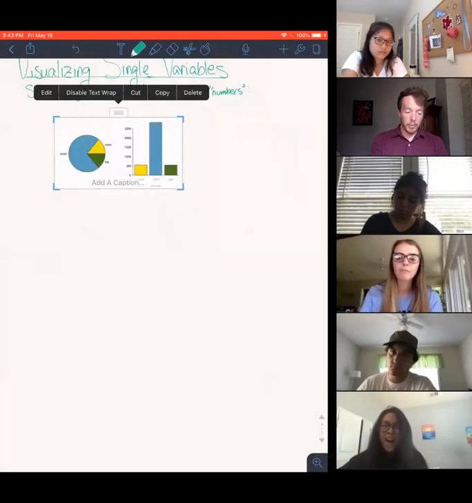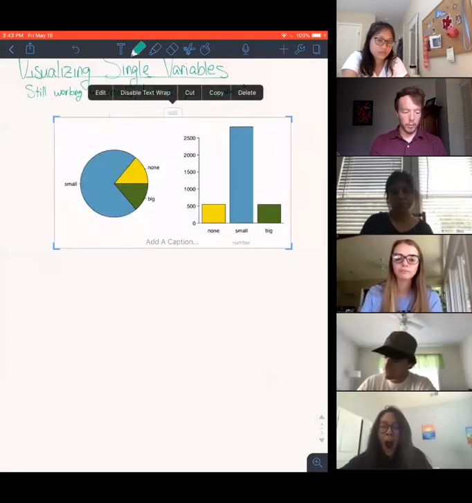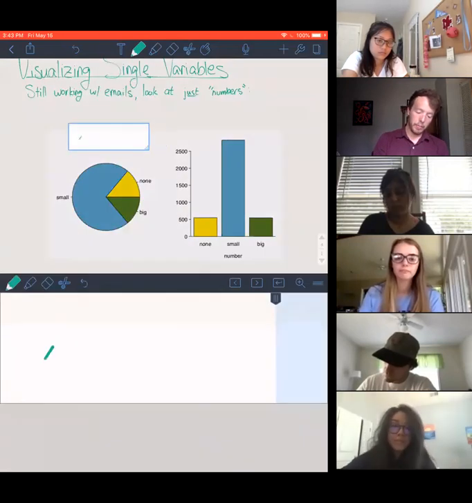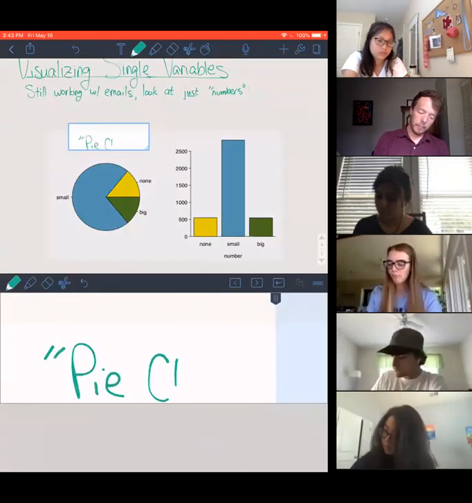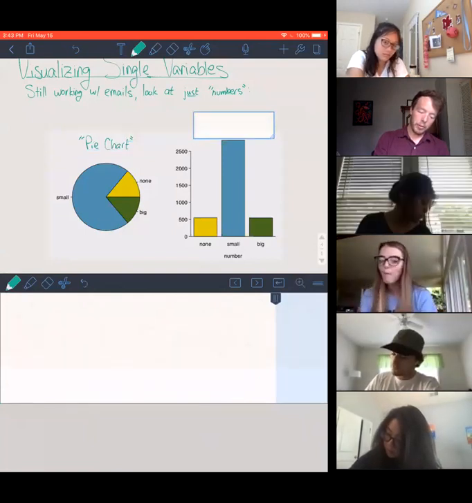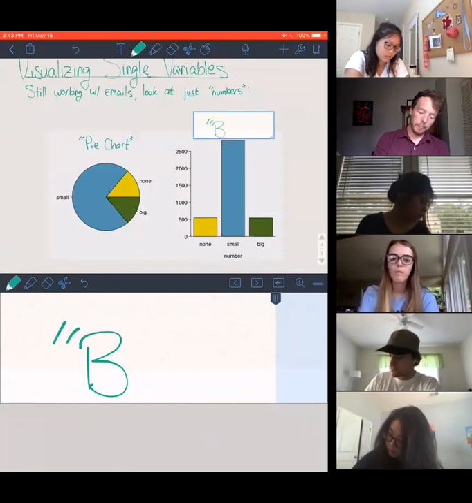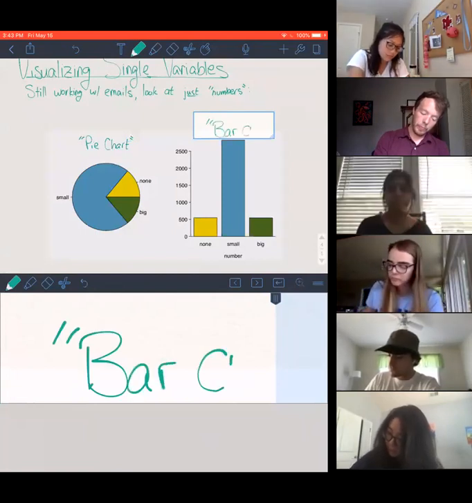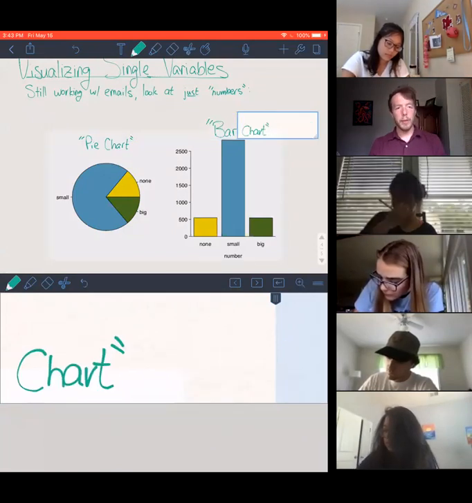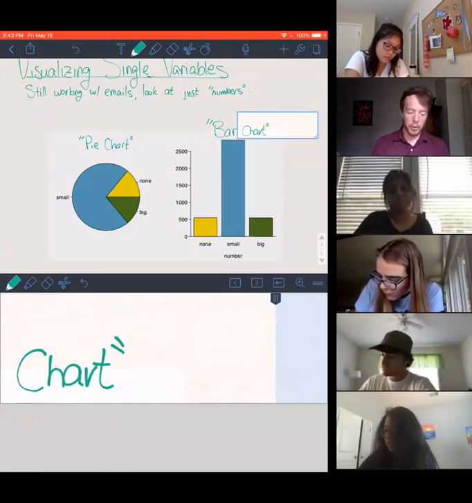Here are two examples of single variable charts. This one is called a pie chart. And this one is called a bar chart. Now, note, these are really giving us the same information, but I will give a bit of a warning.